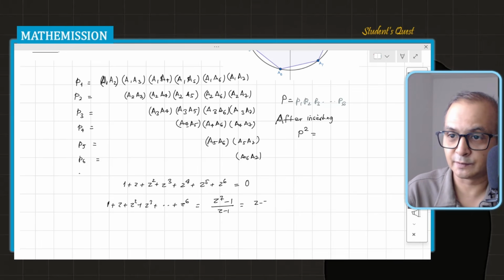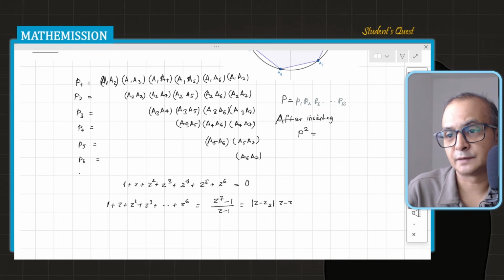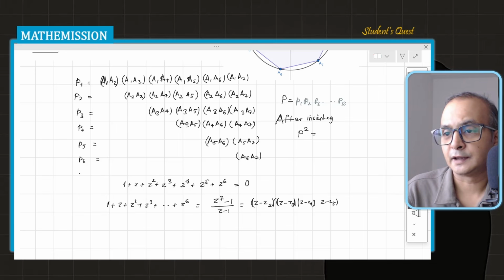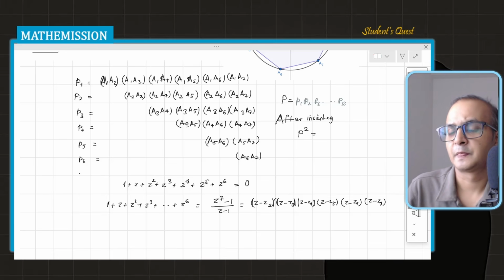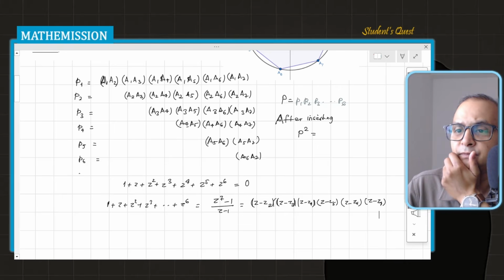So I can write (z minus z2)(z minus z3)(z minus z4)(z minus z5)(z minus z6)(z minus z7). So these are the roots actually.